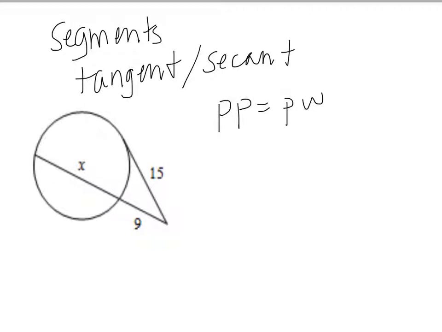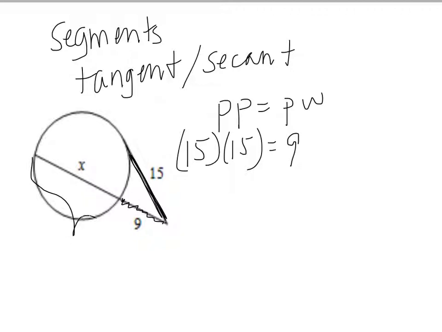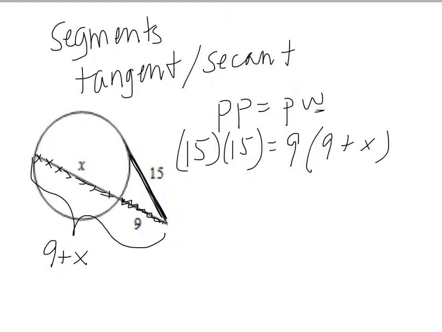So I need to look, here's my part, that's PP because that's my tangent line, so that's 15 times 15 equals, now the part of this one is 9, and then this whole thing is 9 plus x. So this right here plus this right here gives me the whole thing. So 9 times 9 plus x for the whole thing.